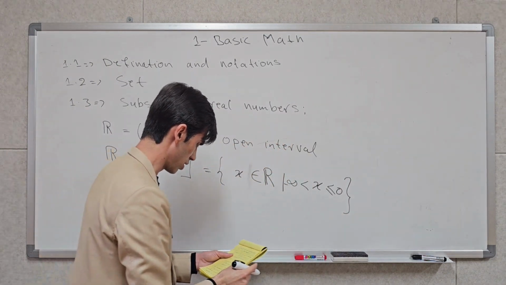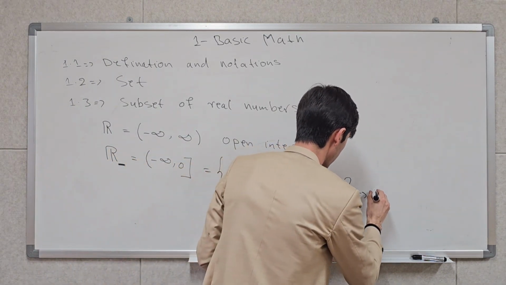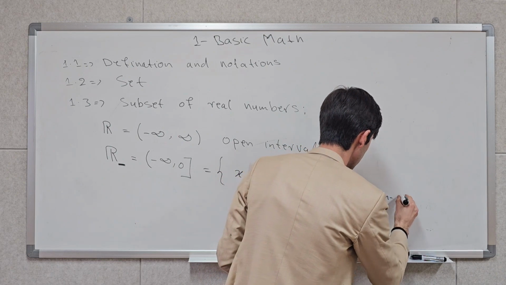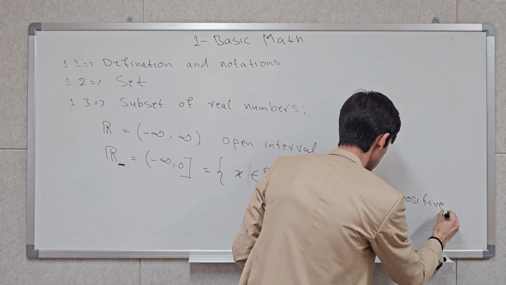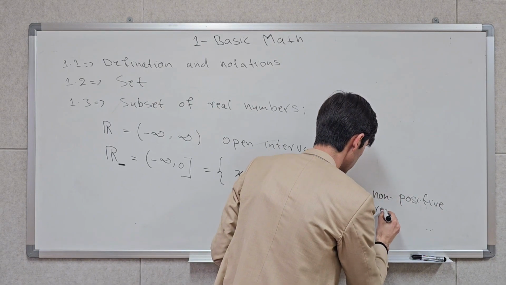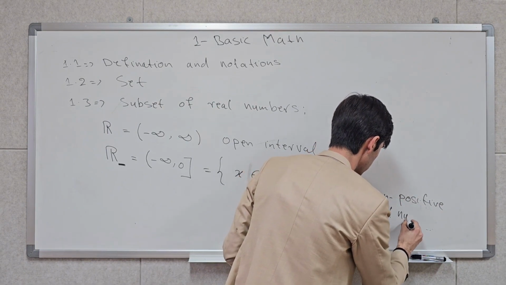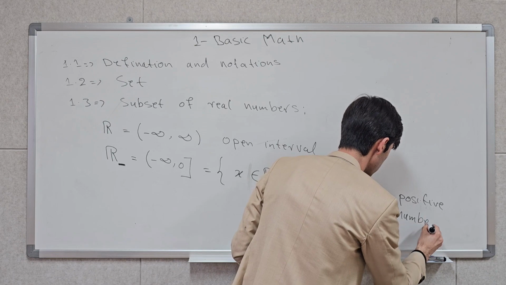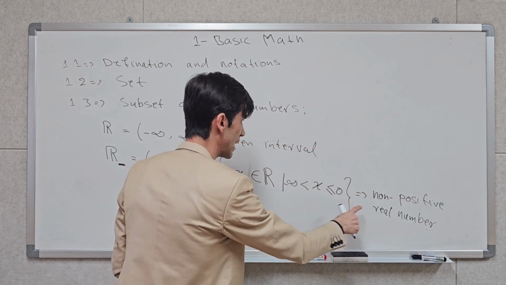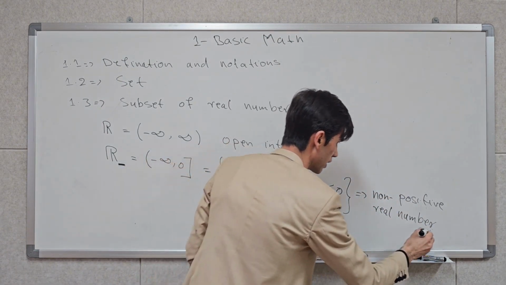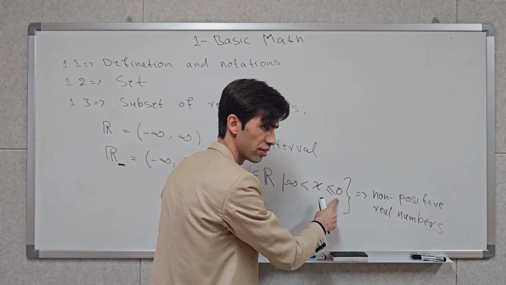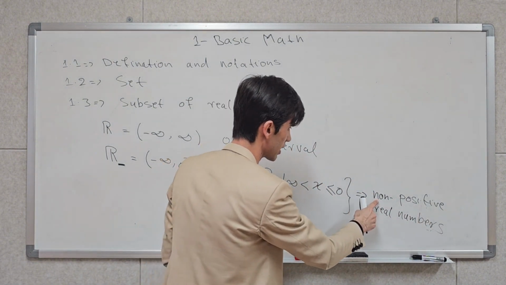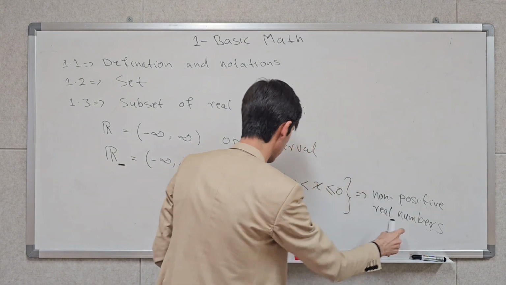It's called just non-positive real numbers. We cannot say negative real numbers. We just say non-positive real numbers because 0 is not negative, and it's not positive.